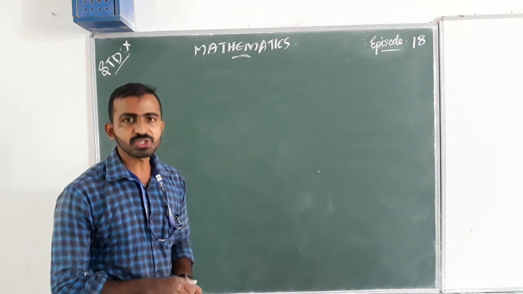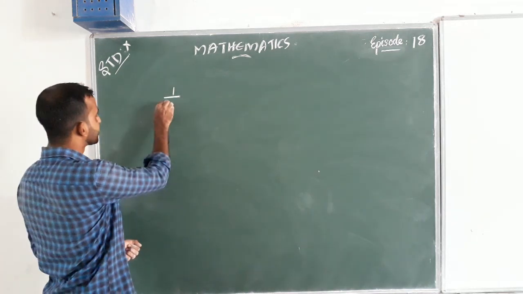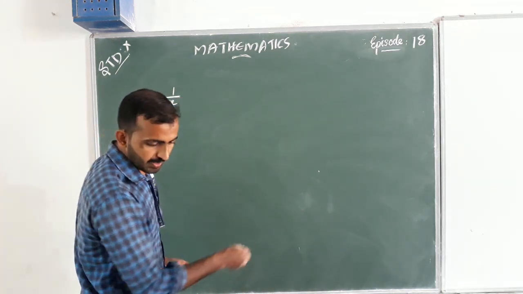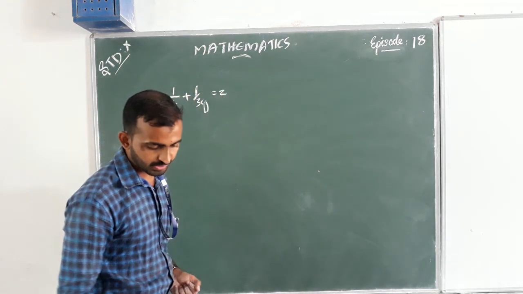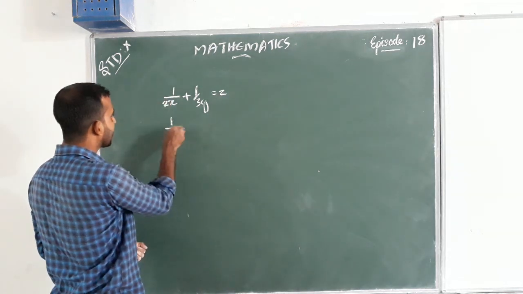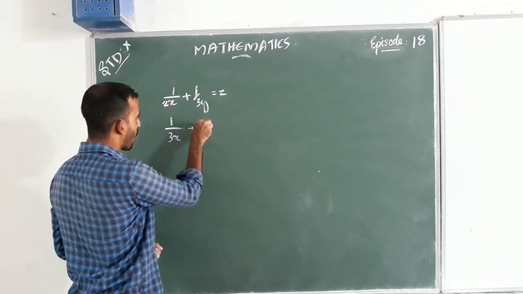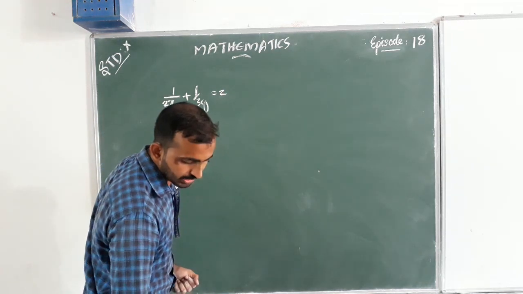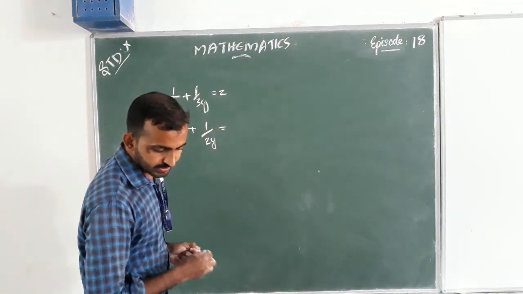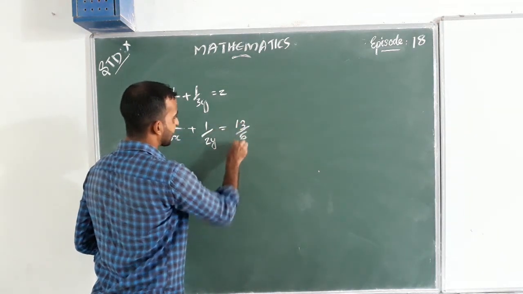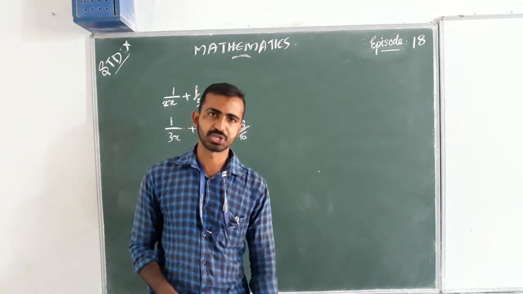The first question is 1 by 2x plus 1 by 3y equal to 2 and 1 by 3x plus 1 by 2y equal to 13 by 6. That is our first question.